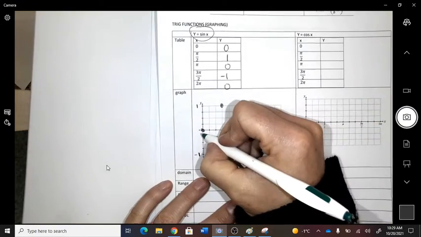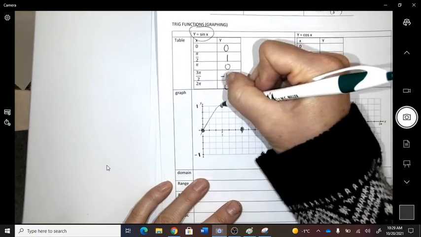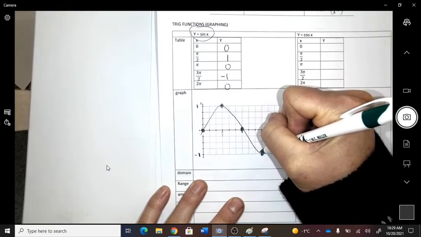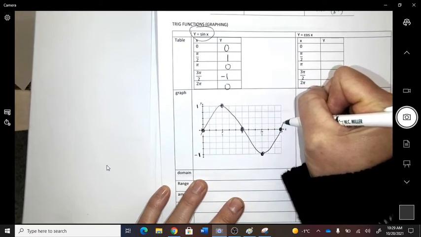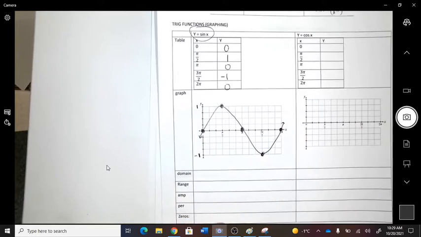This is called a sine curve. It's like a wave, and it's going to keep going and going forever because you keep going around the unit circle. So that's a sine curve.